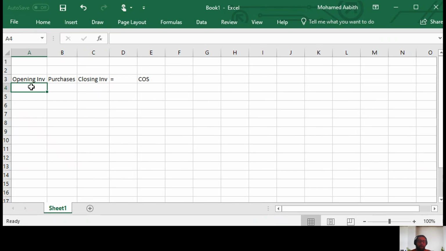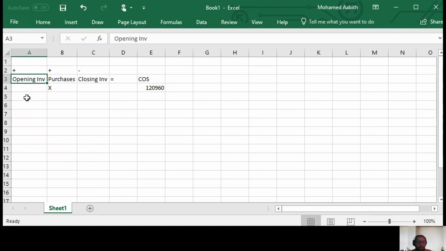So if I know my cost of sales is 120,960, check the question again, yes, 120,960, and you don't know the purchases, make that an X. This is going to be a plus, and this is a minus.